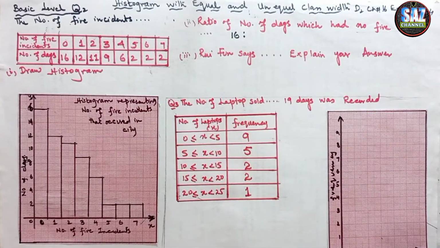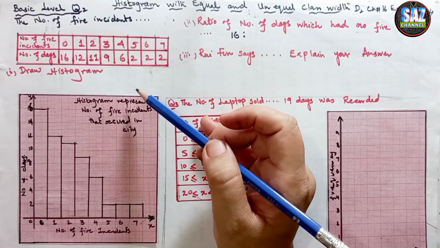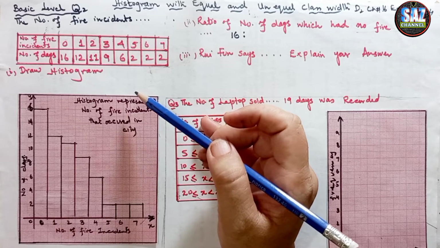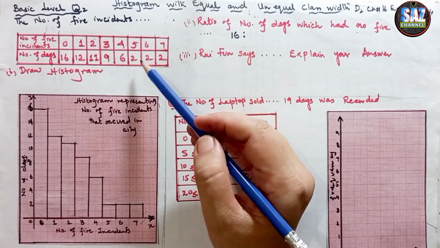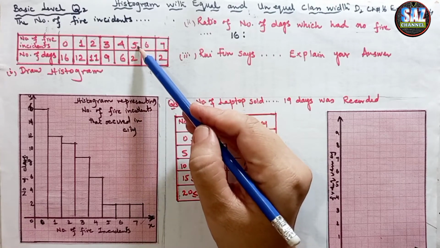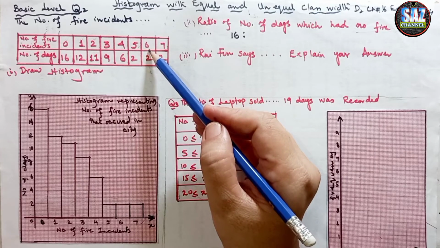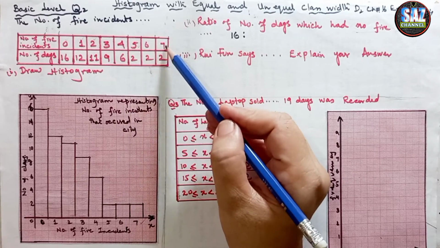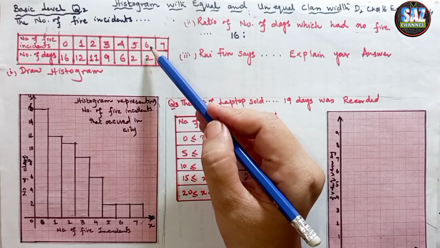Okay, number of days which has more than 5 incidents, now here we have 5 incidents, so we are not going to take it. More than 5 incidents, there are 2 places, 6 and 7, where we are having more than 5 incidents.